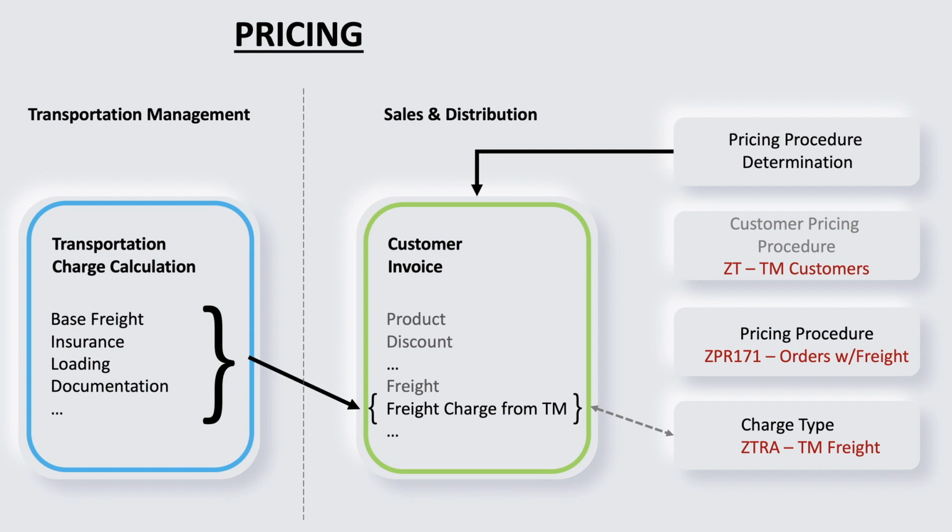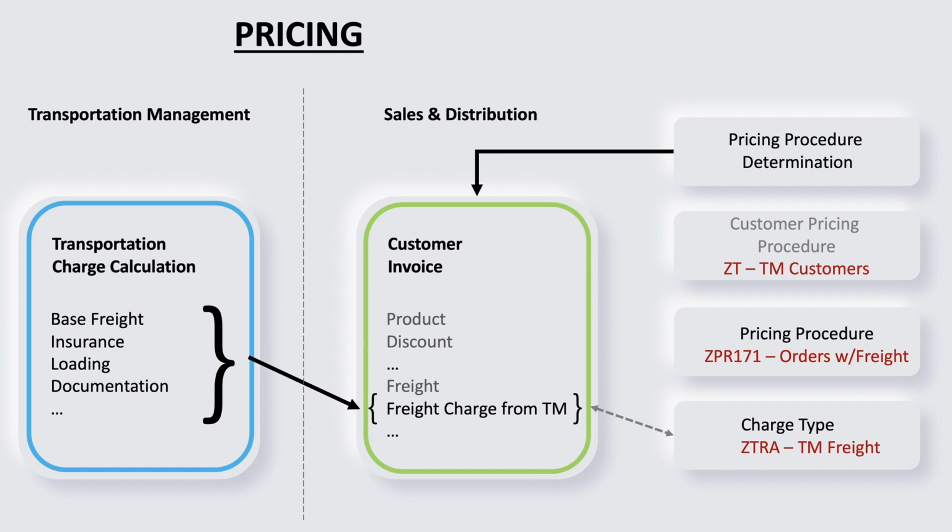To be more specific, we need to see if you will be leveraging the YBHD charge type, which is a charge that is set independently of what happens in transportation management, i.e. within your sales and distribution documents, you can decide what the charge is going to be. For example, it could be a flat rate, as I said, independent of what happens in transportation management.